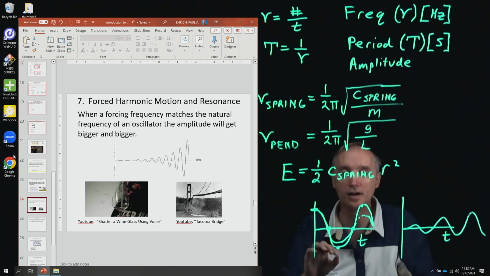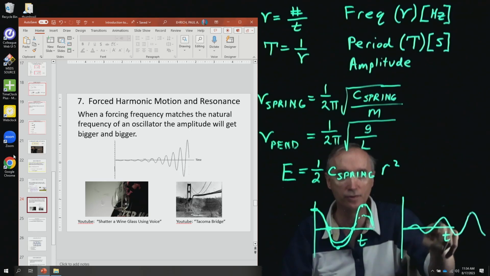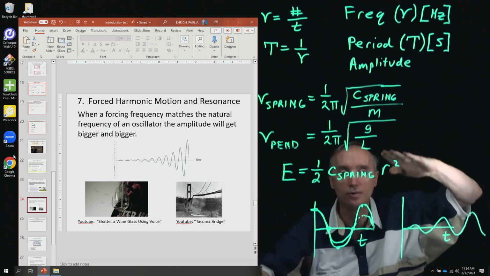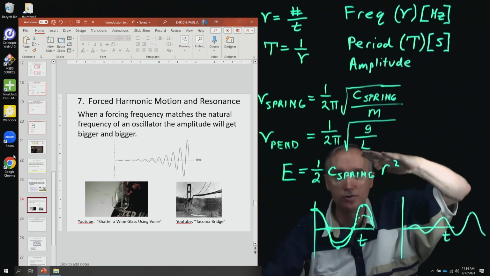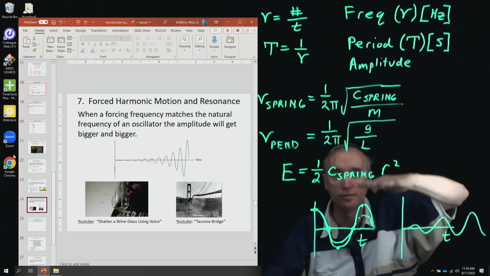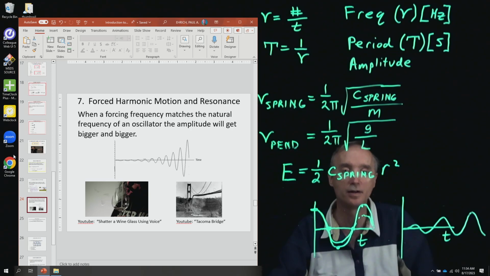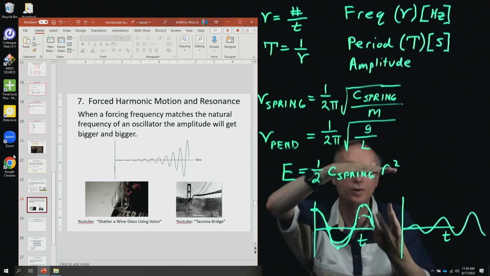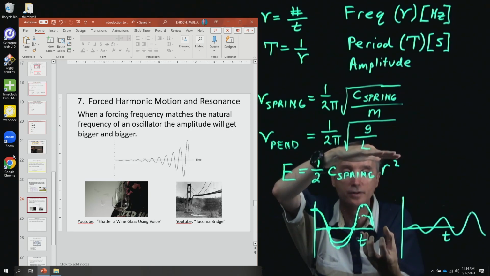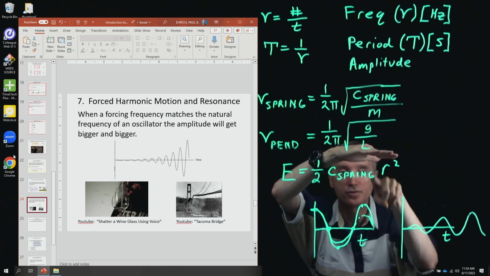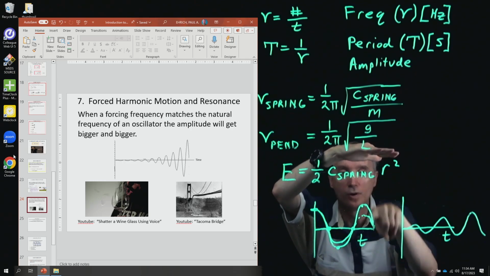But it doesn't go into resonance, meaning it doesn't start to do this, until the rate at which you're moving your hand up and down matches the natural frequency of the oscillator. So when you pull it down and let it go, it has a certain frequency at which it wants to vibrate.